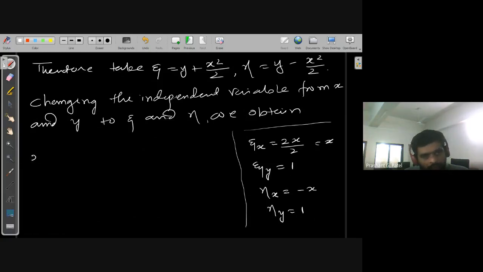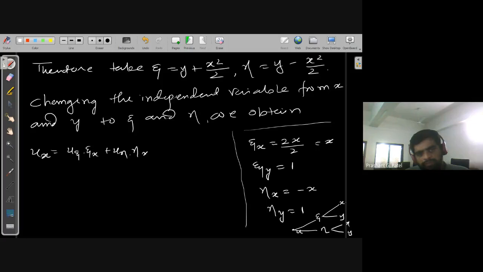Now we need to calculate ux. As you know, u is a function of two variables xi and eta, which are functions of x and y. So to calculate the partial derivative of u with respect to x, we have two paths, that is u xi into xi x plus u eta into eta x.